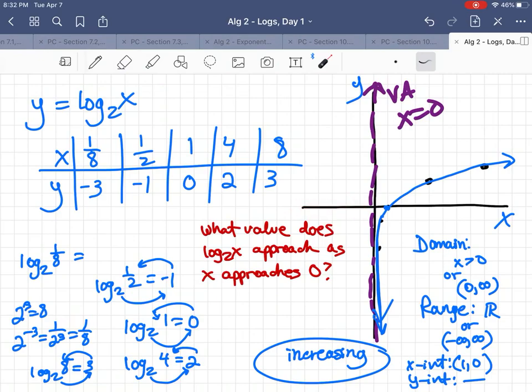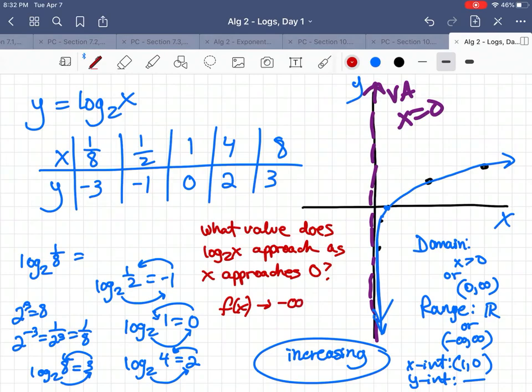So I must mean that x is approaching 0 this way. As your x value gets closer and closer to 0, this graph is coming in this way. It can't go on 0. It has to go straight down. So as I get closer and closer to 0, my graph gets closer and closer to down forever. So my graph, f of x, goes to negative infinity.